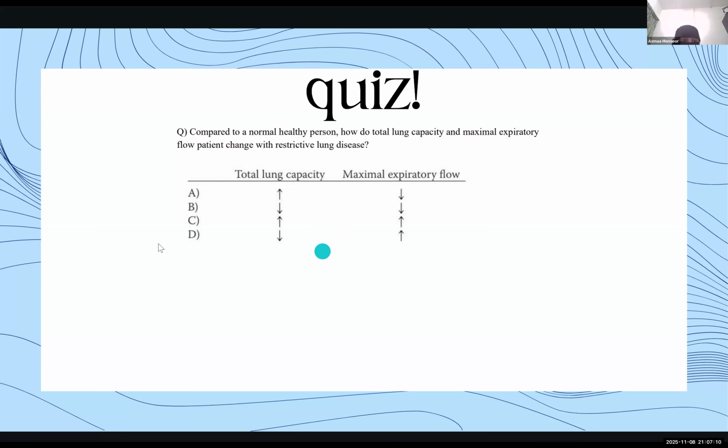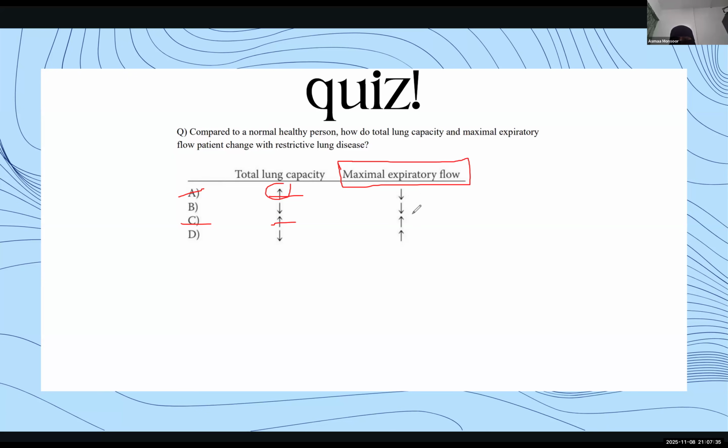It will decrease. So using that itself, we can kick out A and C because they say it increases. However, that's not the case, okay? Now we have two options, B and D. What happens to the maximal expiratory flow rate? The maximal expiratory flow rate will also decrease, right?